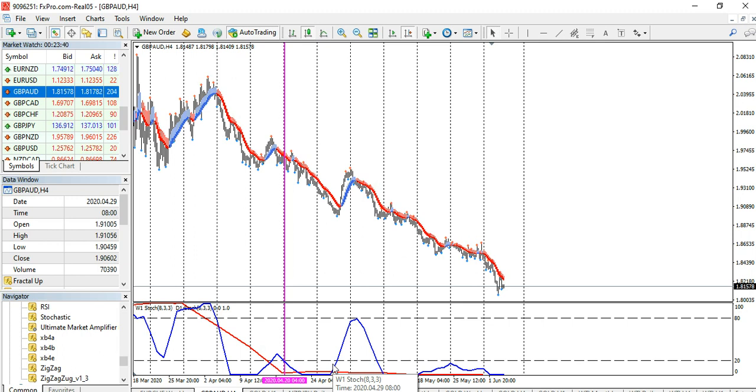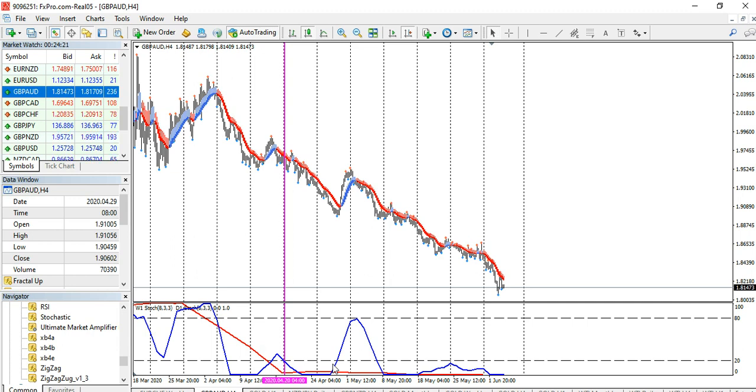Is it possible that we could have still caught some of this move on the way down, because this is a lot of pips? How could we have avoided this? Instead of sitting and waiting for the buy trade, which never really came, could we have been selling instead? Now the concept of this strategy is that we can find direction confidently by looking at the weekly stochastic indicator.